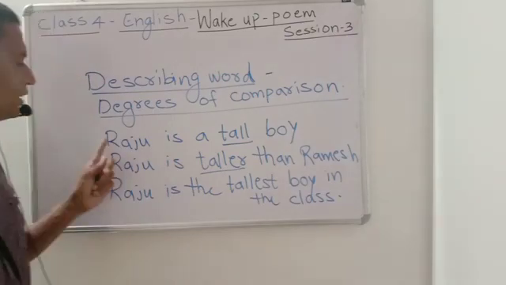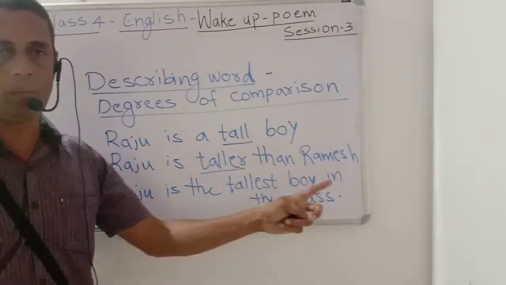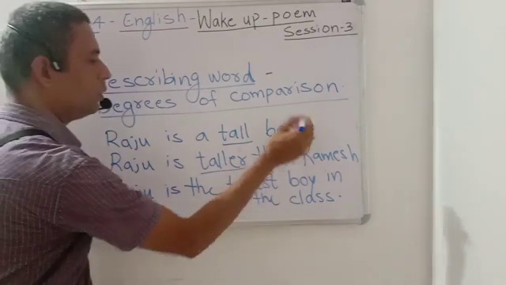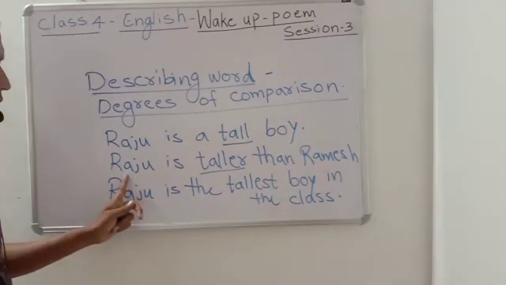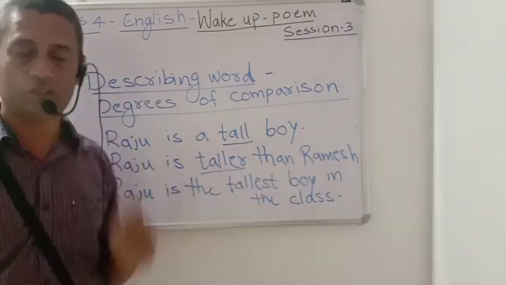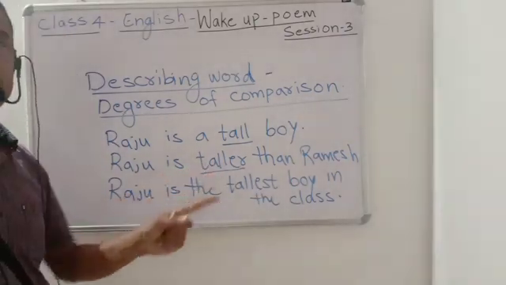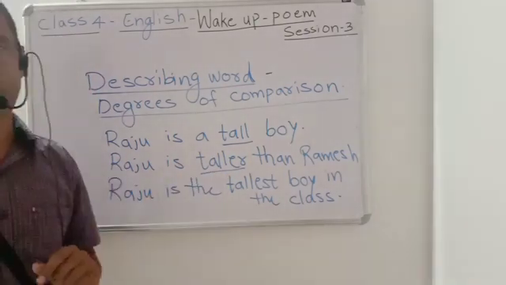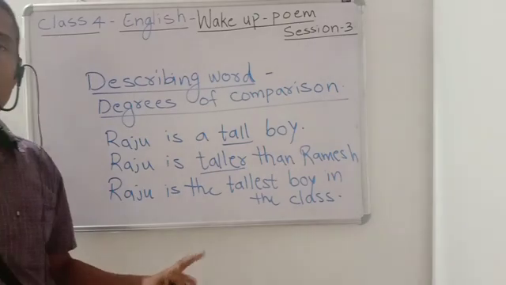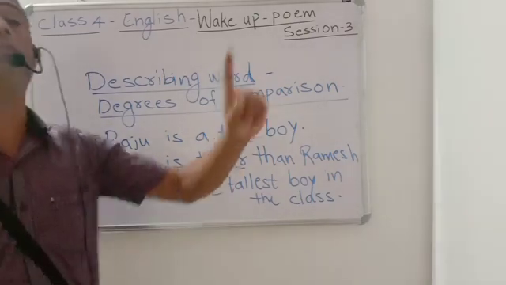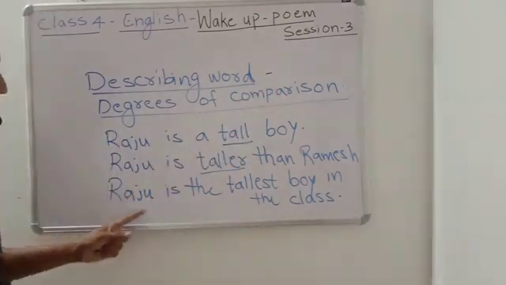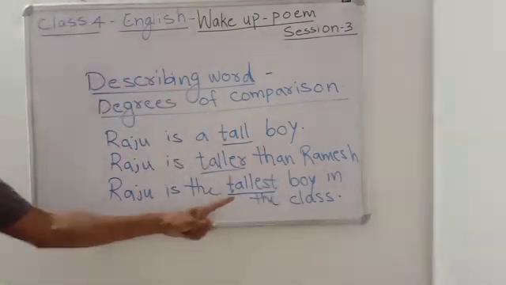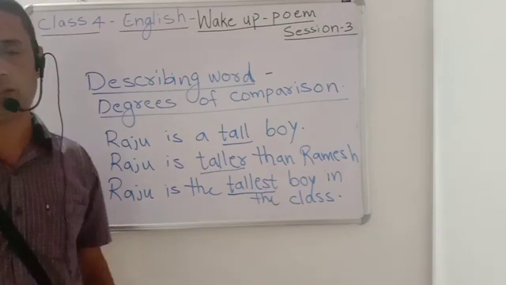My dear children, the first sentence you just see: Raju is a tall boy. He is not compared. Second one, Raju is taller than Ramesh. Now the taller is the second one, that is the comparative degree. And if Raju is compared with many people, then we use tallest.